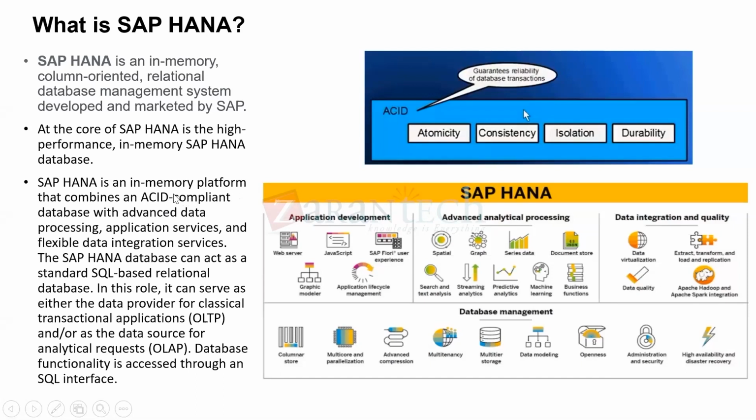So ACID is actually not the acid which you use to clean stuff or in chemicals, but ACID is a property of the database. It's an acronym used in database terminology. ACID stands for atomicity, consistency, isolation, and durability. Atomicity means that unless and until a transaction is committed, saved, the database will not read that information.